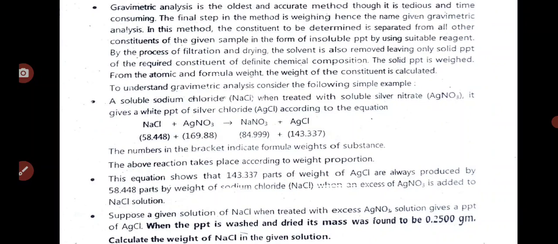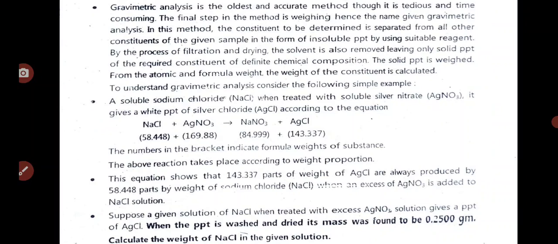Below this reaction, in brackets, the mass of each particular molecular formula is given, and the numbers in the brackets indicate the formula weight of the substance. The reaction is NaCl plus AgNO3 gives NaNO3, sodium nitrate, and AgCl, silver chloride.